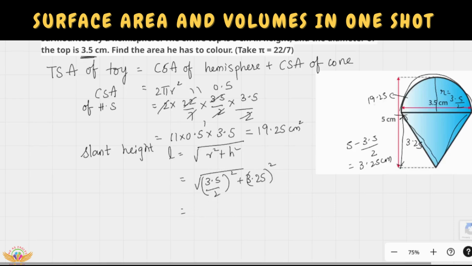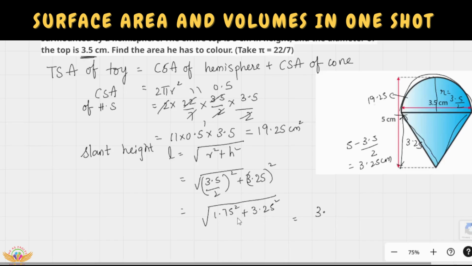Now approximately, after solving this, 3.5 by 2 whole square means approximately 1.75 square plus 3.25 square. I'm going to take 1.75 as 2, and 3.25 as 3.